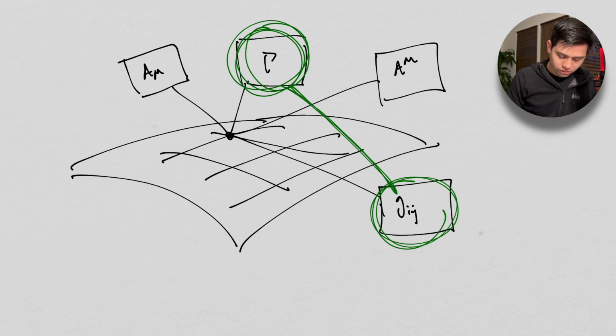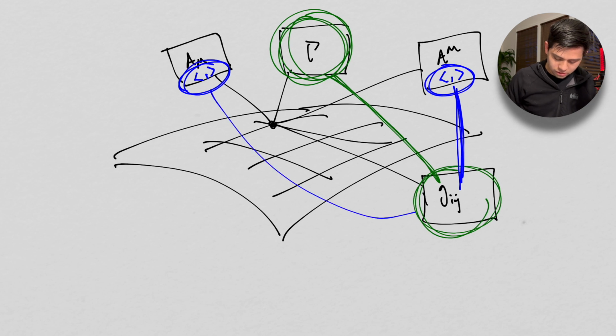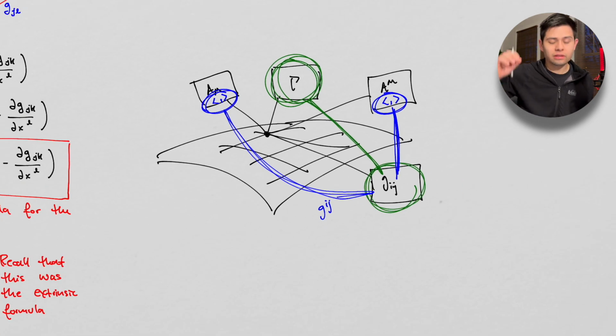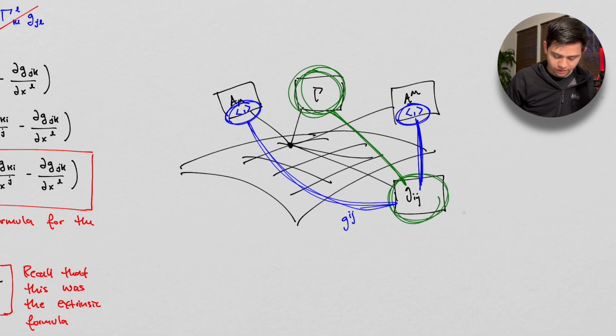The metric here, this right here, connected these two guys together. The metric here also connects this space to this space as well, but through Gij. So now we have connections for all three of these things. Well, not really connections, but formulas for this line, for this line, and for this line. This is the architecture of space-time.